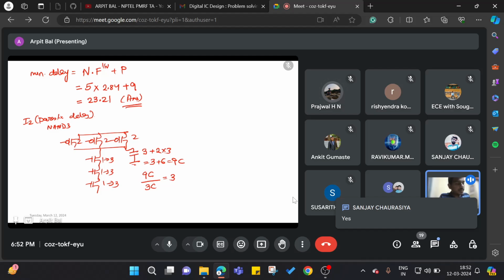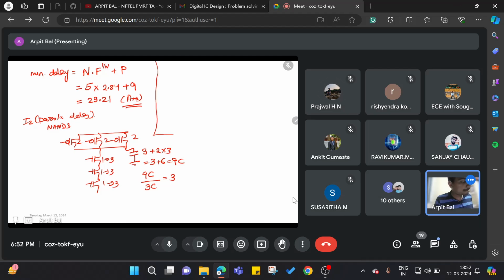So this was the minimum delay. To calculate the drive strength for each of the cases, we need to figure out what is going to be each stage effort F_k. Each stage effort should be equal to the optimal stage effort, that is equal to 2.84 that we obtained earlier.